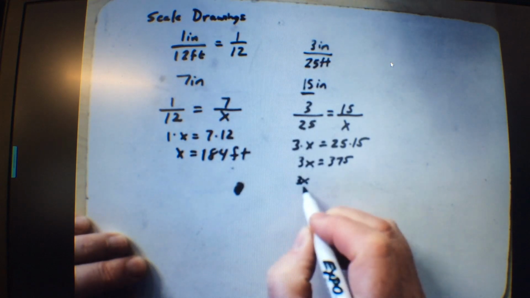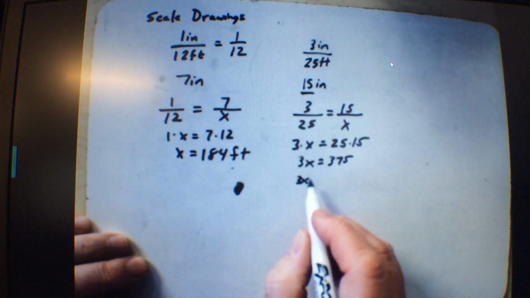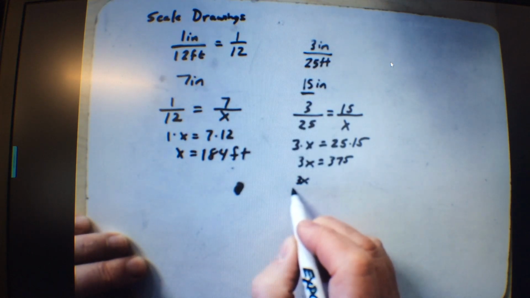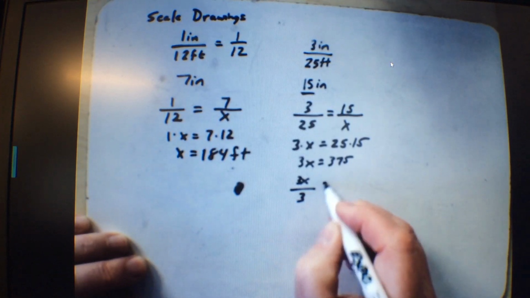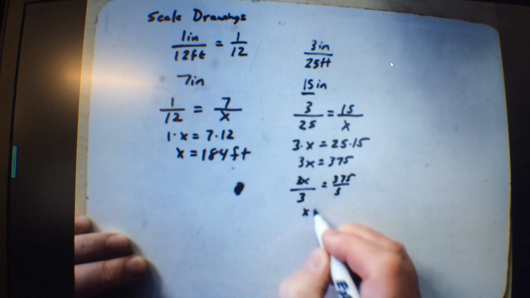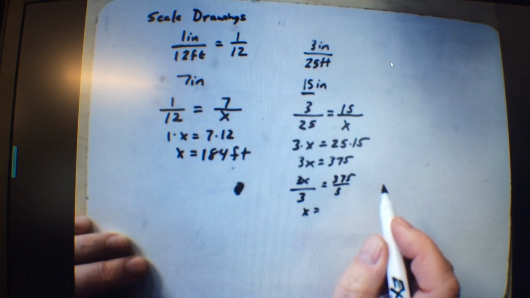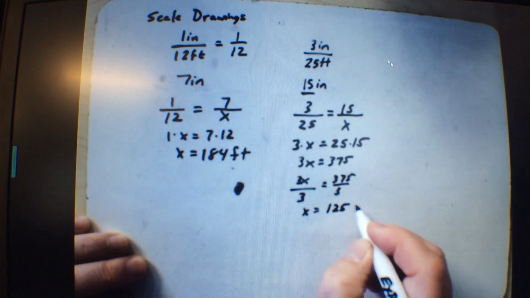X equals. What operation's being applied to the variable, Thad? Multiplication. What do I use to undo it? Division. What do I divide by? 3. Alright, on both sides, correct? Yeah. What is 375 divided by 3? 125.